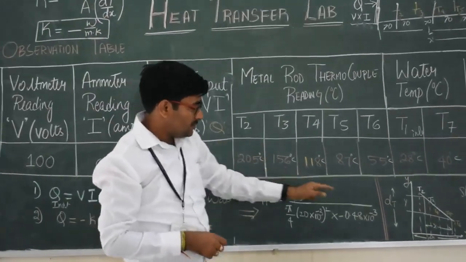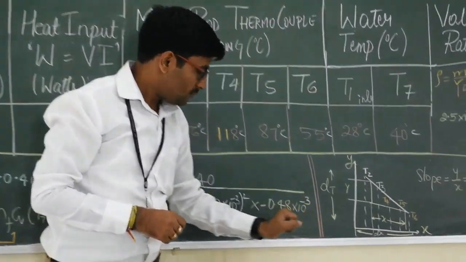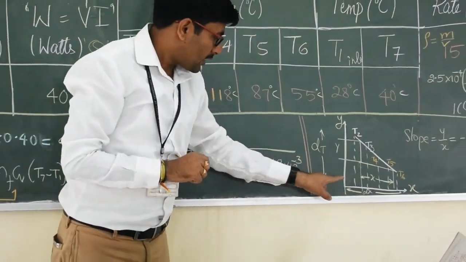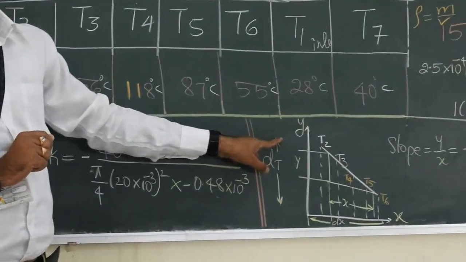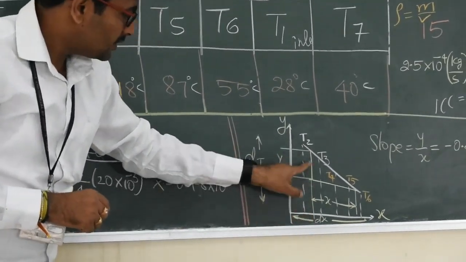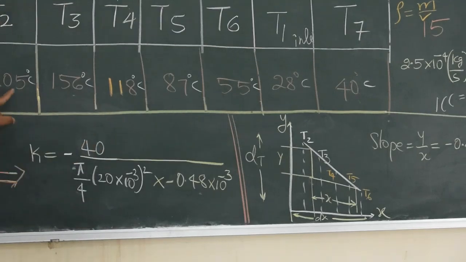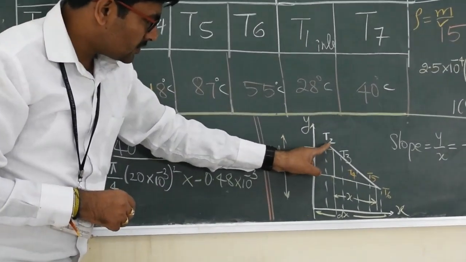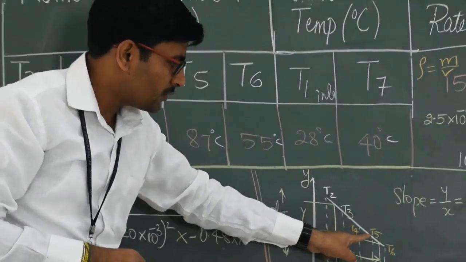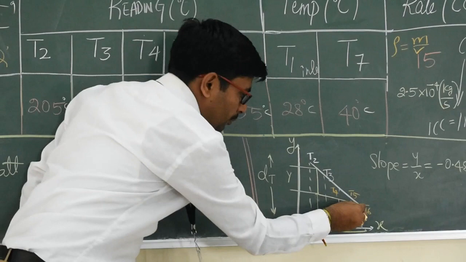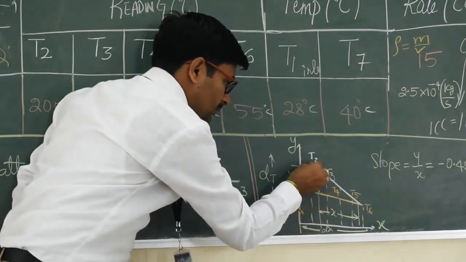The dT by dx is plotted as a graph here. The x-axis is the length of the metal rod and the y-axis is the temperature values. At 70 mm distance, the T2 value is 205. Similarly, you note down the points 2, 3, 4, 5, 6, mark them on the graph and calculate the slope. This is the slope.